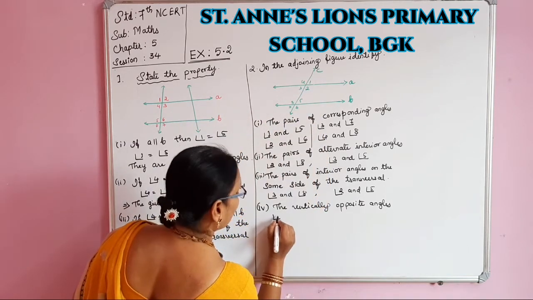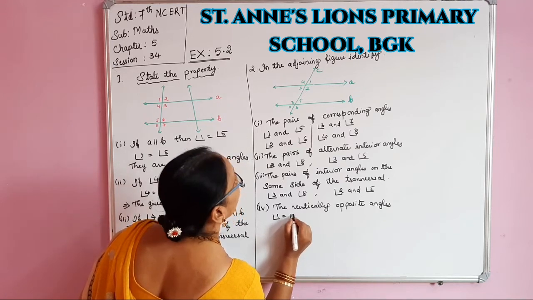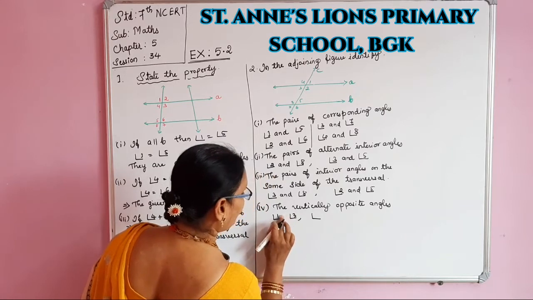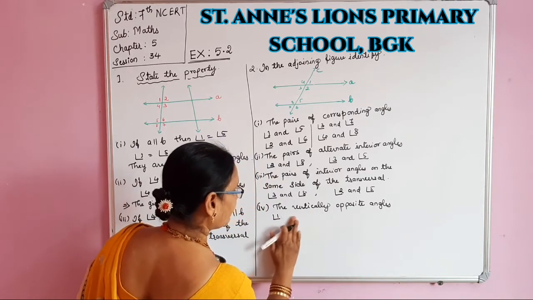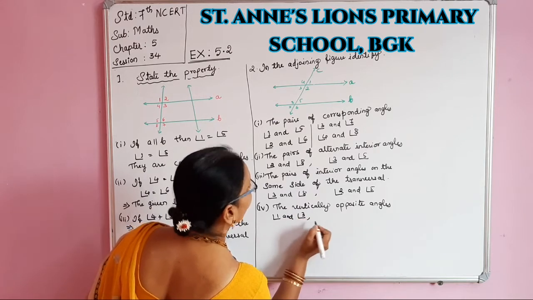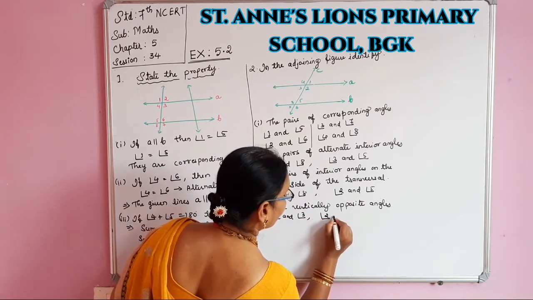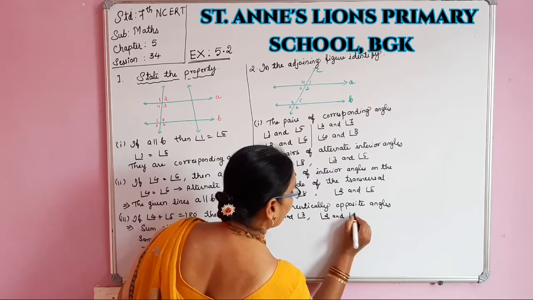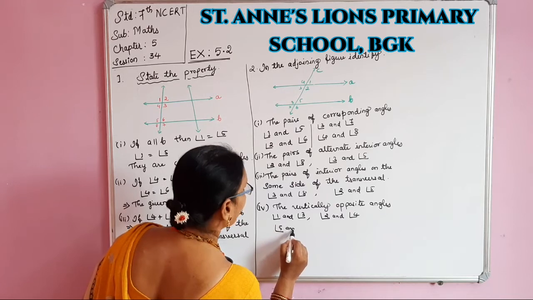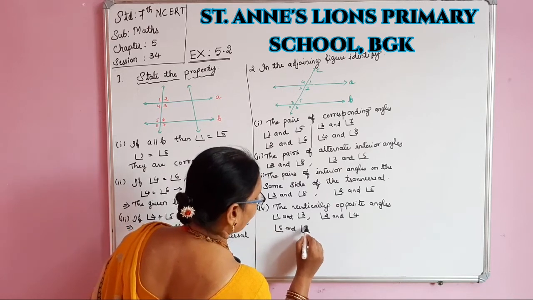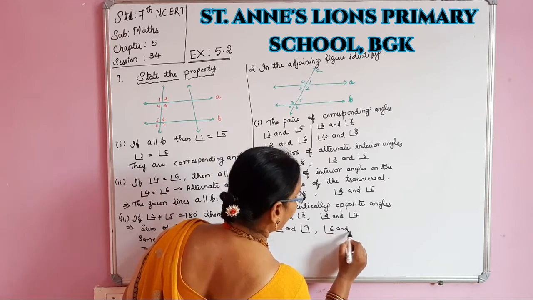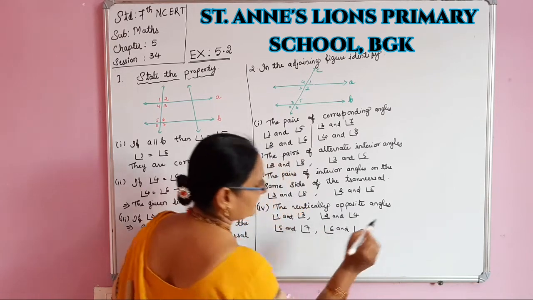Angle 1 equal to angle 3. Angle 1 and 3 we will write like that. Okay. Angle 1 and angle 3, angle 2 and angle 4, angle 5 and angle 7, angle 6 and angle 8 are vertically opposite angles.